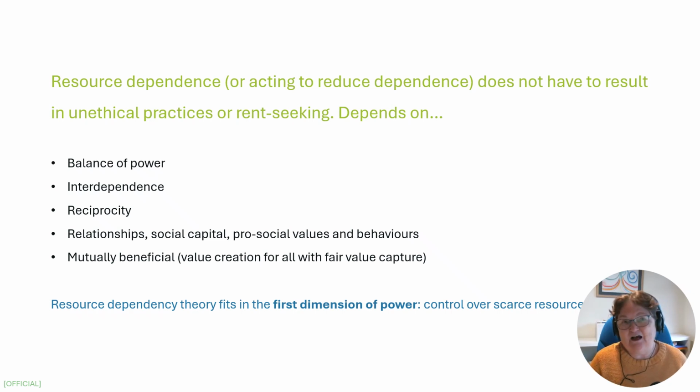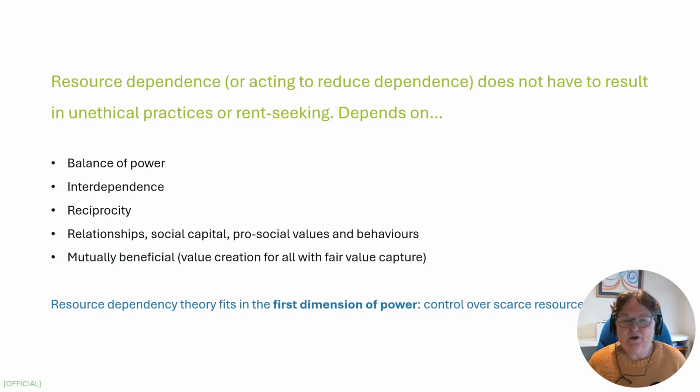Reciprocity. You've got something I need, I've got something you need. And you might think that, say, for example, Coles and Woolworths are dependent on dairy farmers because they need to sell milk. And the dairy farmers are dependent on Coles and Woolworths because they provide a market for selling their milk, or a place for people to go to buy their milk.